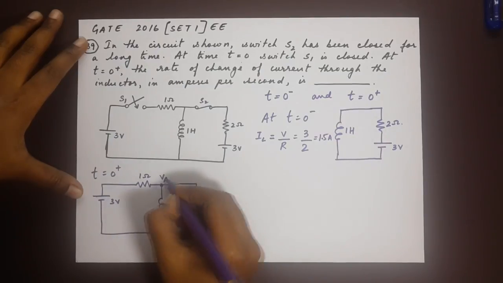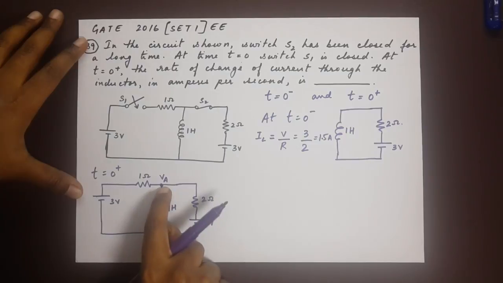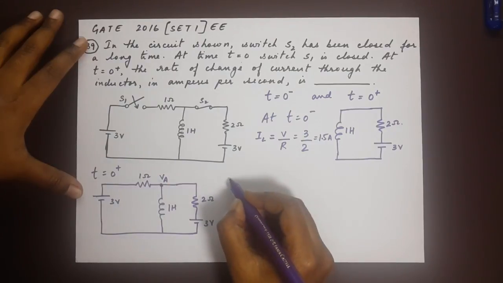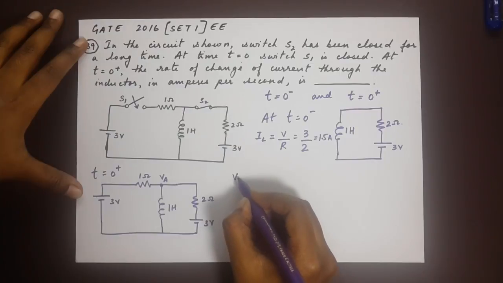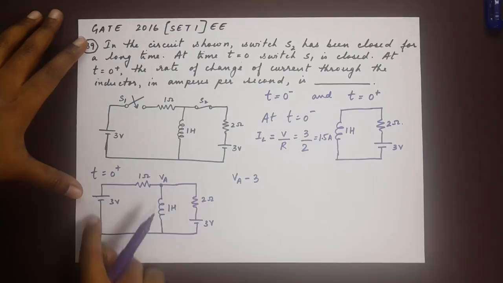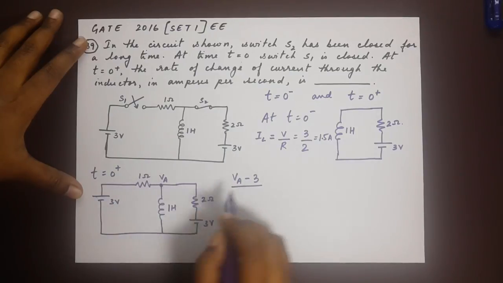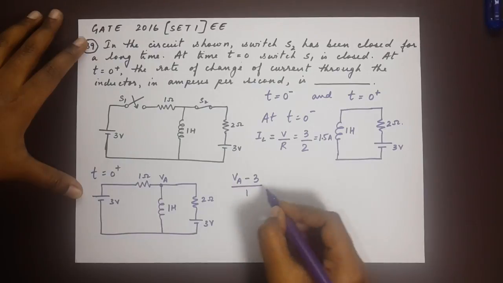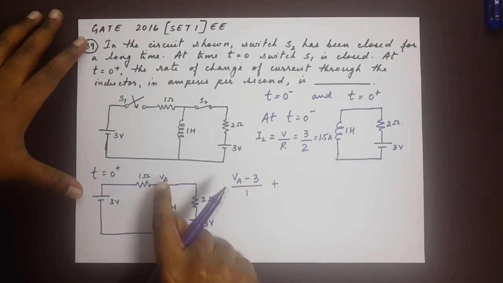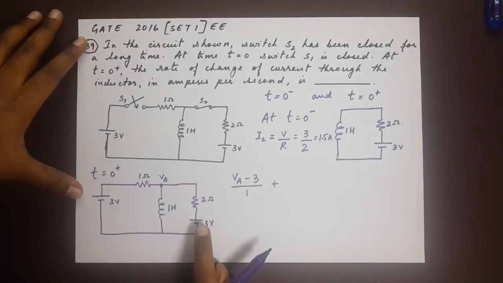Let's consider this as VA. The voltage at this node is VA. So let's write the nodal equation. The nodal equation would be VA minus 3. Now we're looking at this branch over here. So VA minus 3 divided by the resistor between them, which is 1, plus, now we're going to look at this part.